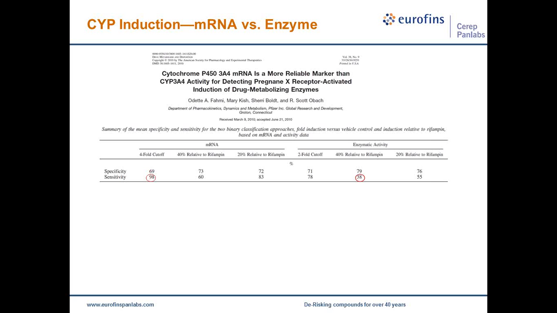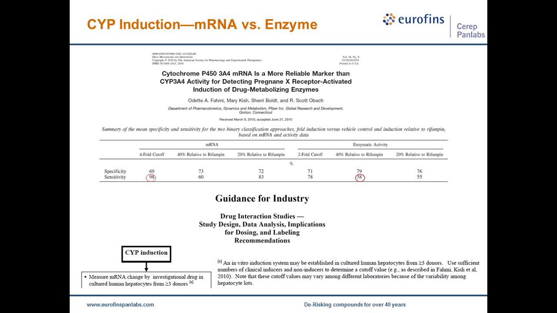Here we can see the sensitivity using mRNA is about 98%. However, using enzyme activity it is only 38%. So it's a big difference. Therefore, in the FDA 2012 guidance, mRNA level was recommended as the endpoint for CYP induction.